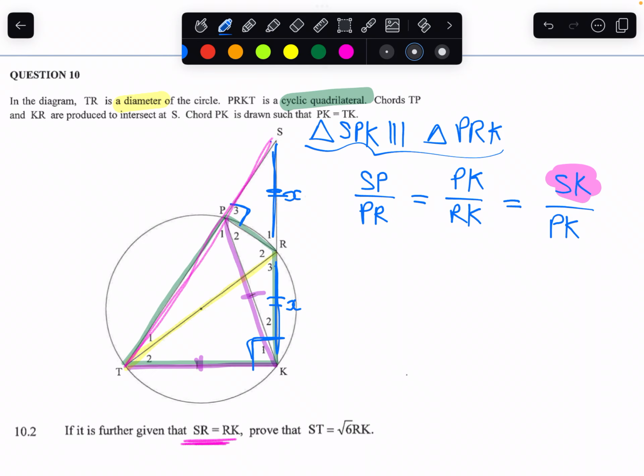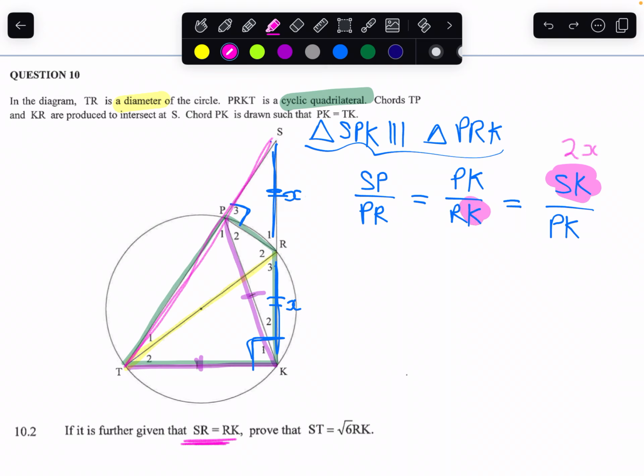So SK would be 2x, right? And SR is nowhere to be seen, because we're not dealing with this triangle in the similarity. We're dealing with this triangle and the larger triangle. So SR is really a little bit immaterial.